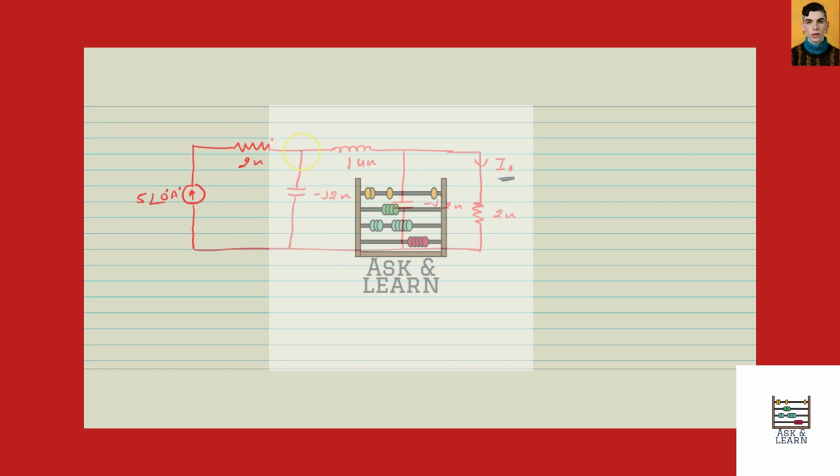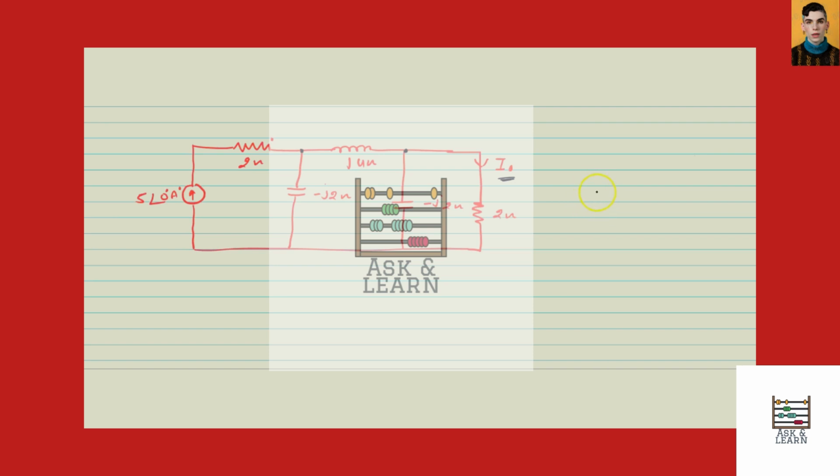Another method is applying the node voltage method on these nodes. And the third method is the current division rule, which is the simplest method for solving this problem. So we have applied the current division rule in this problem.